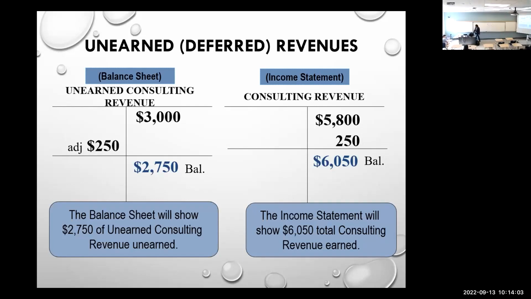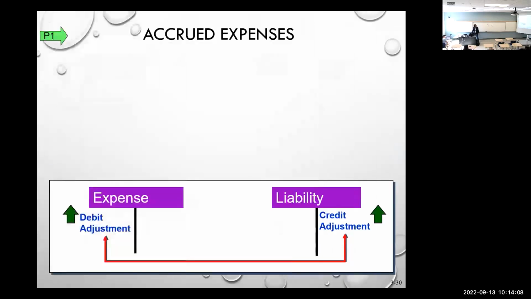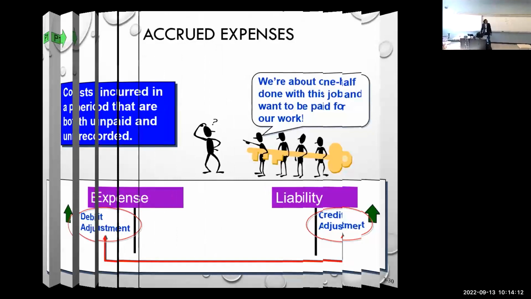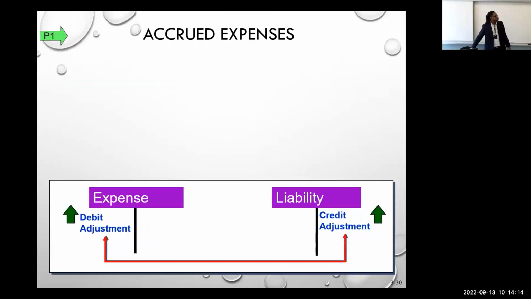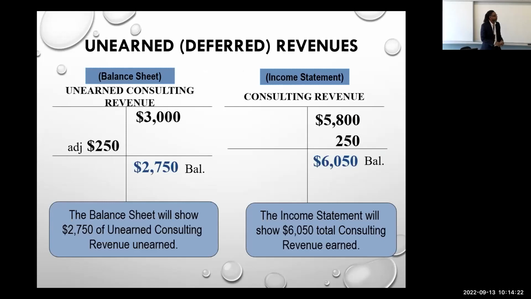And then in February, see, this is the December 31st transaction. Well, in February, when we finished the process, we're going to debit unearned revenue $2,750.